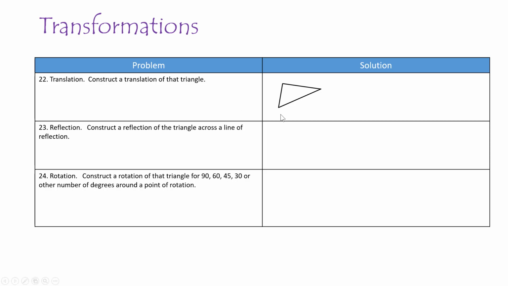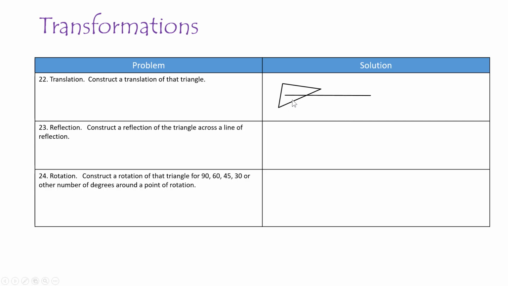Well, that means that for one of the sides, we're going to make sure that we create a parallel side elsewhere, wherever we want. And then we'll fill in the rest of the triangle. So let's start by creating a parallel side.